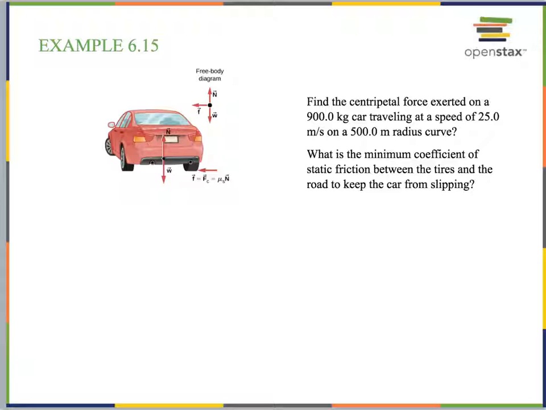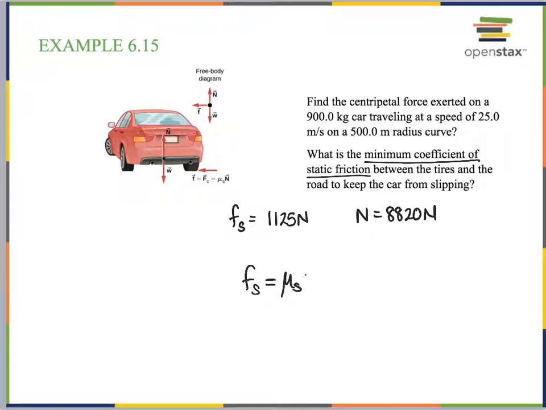In this problem, once I know that, just to remind you, we found that the force of static friction in the previous slide was found to be 1,125 newtons. We also found in the previous slide that the normal force was 8,820 newtons. If we want to find the minimum coefficient of static friction, basically it means what if the force of static friction is equal to the maximum value?